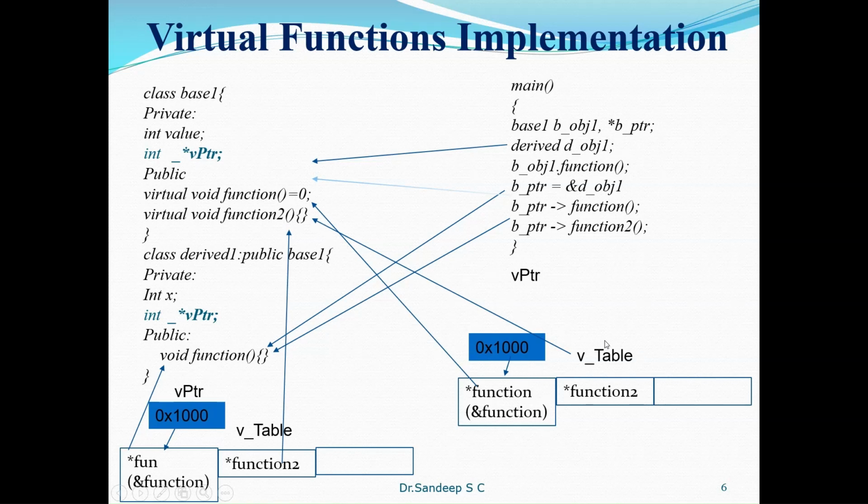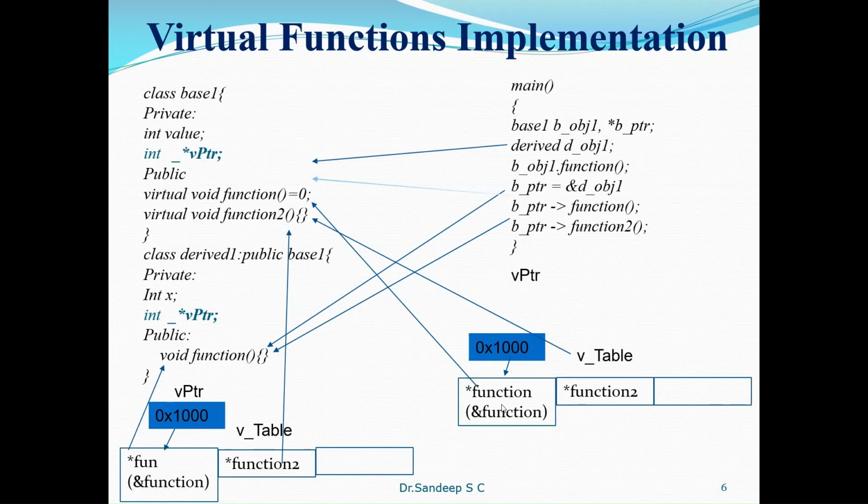That means this virtual table is an array of function pointers. When we say function pointers, that means they are pointers pointing to a function, or pointers storing the address of a function. And remember, in this table we will have function pointers only for virtual functions.